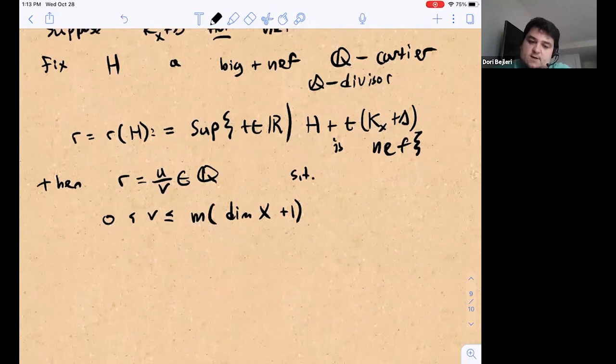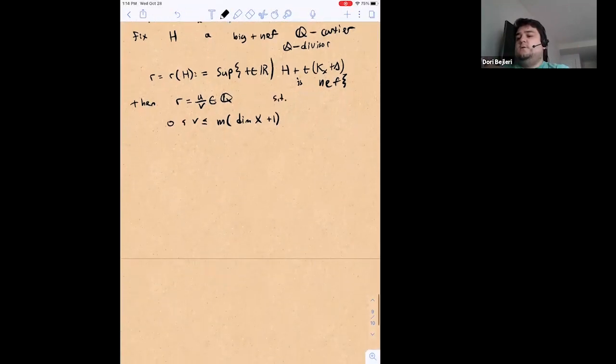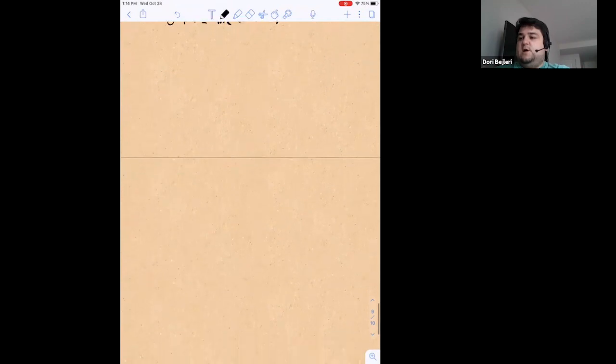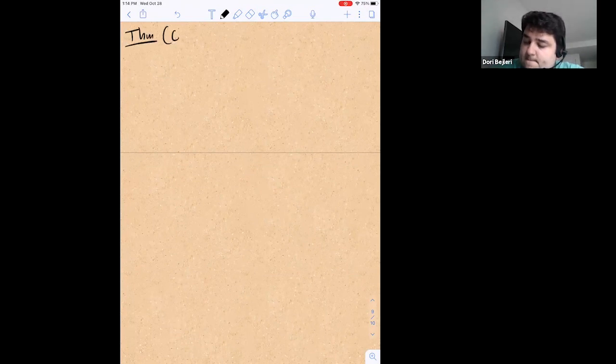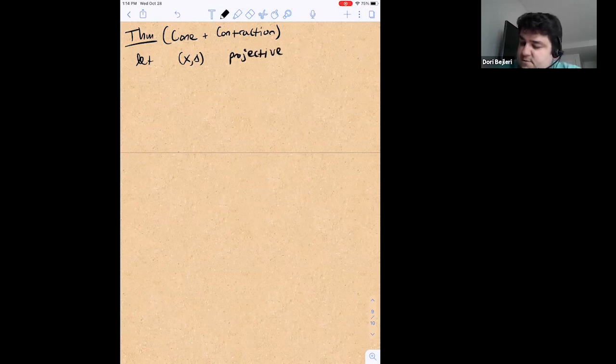So let me write down the cone and contraction theorem. Just because it's a lot longer, I'm going to spin the screen so that we can fit it all. So let (X, delta) be a projective KLT pair, again with delta effective.